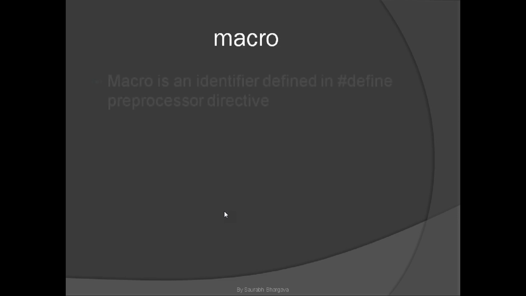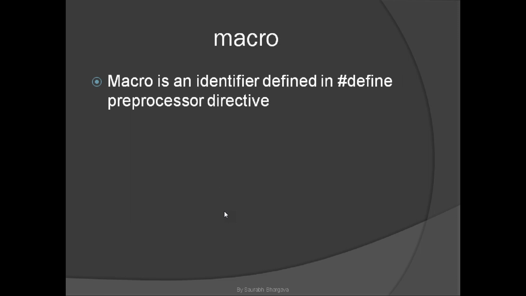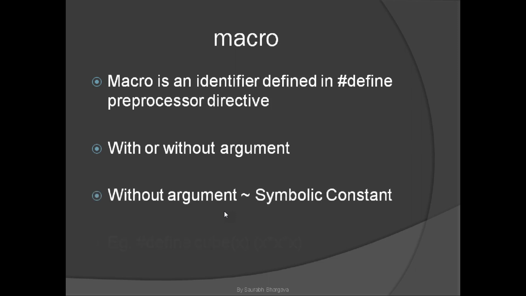And now macro. A macro is an identifier defined in the #define preprocessor directive. It can be defined with or without an argument. Without an argument it is similar to a symbolic constant, and with an argument it is defined like this. For example, take #define CUBE(x) as x * x * x.